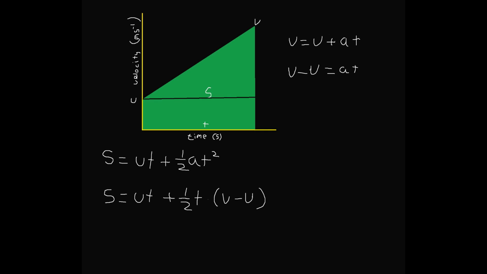Now because we've got v minus u over here, we can substitute this in over here. So instead of being 1/2 t multiplied by v minus u, we have 1/2 t multiplied by at. So that gives us s is equal to ut plus 1/2, and then because you've got t multiplied by t, you have t squared, so it's 1/2 a t squared. And then that is, of course, our desired form.